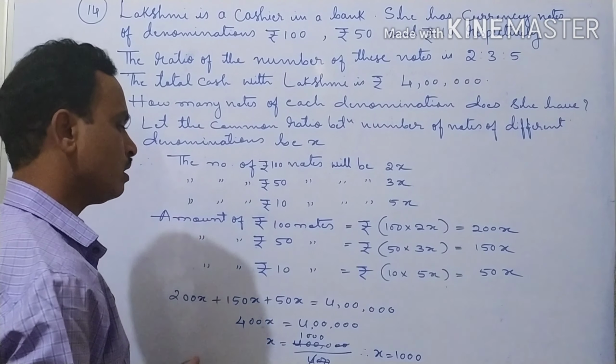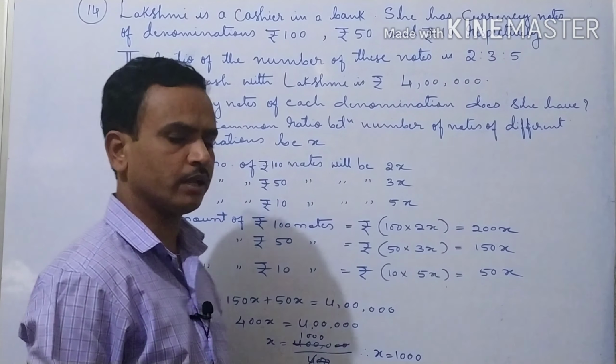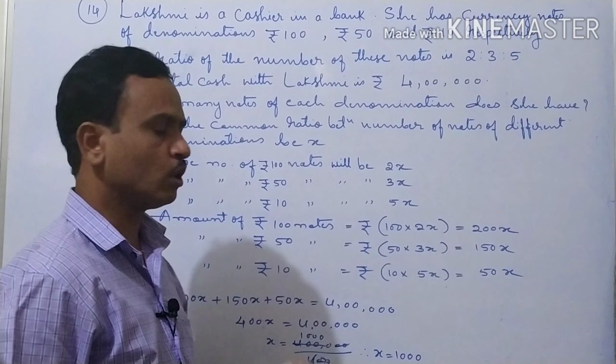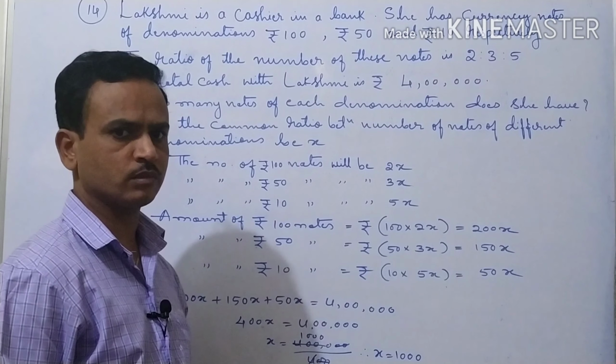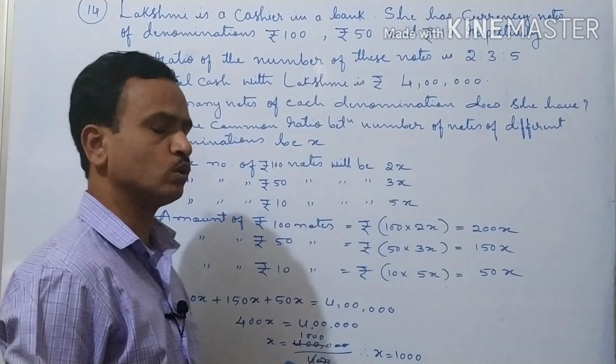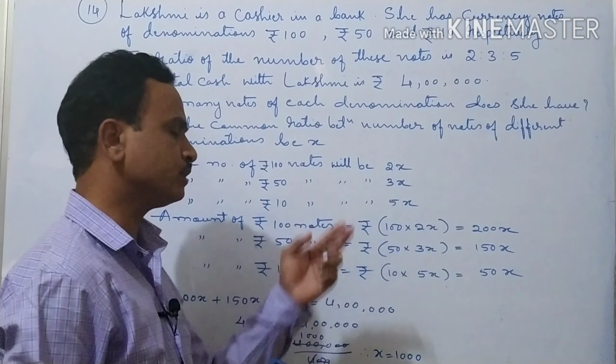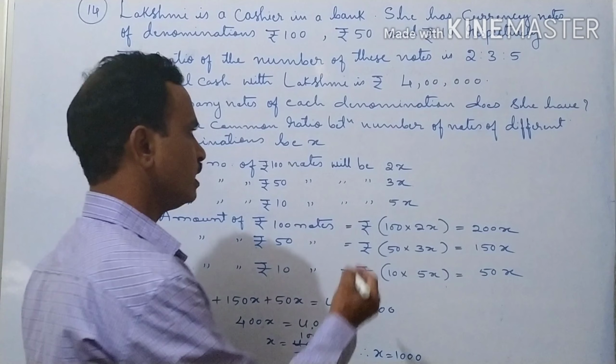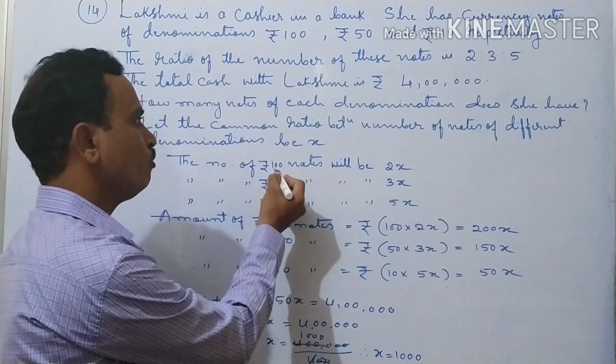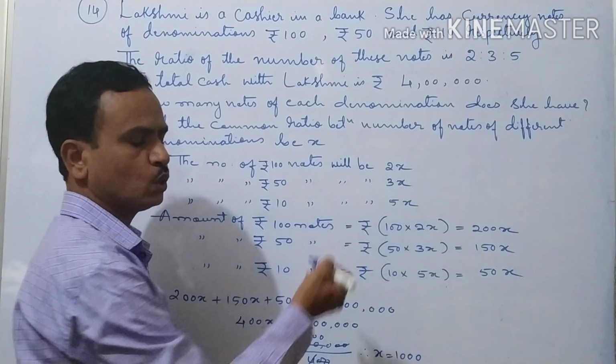Now we should find how many 100 rupees notes there are, how many 50 rupees notes, and how many 10 rupees notes. To find this, the number of rupees 100 notes will be 2x.